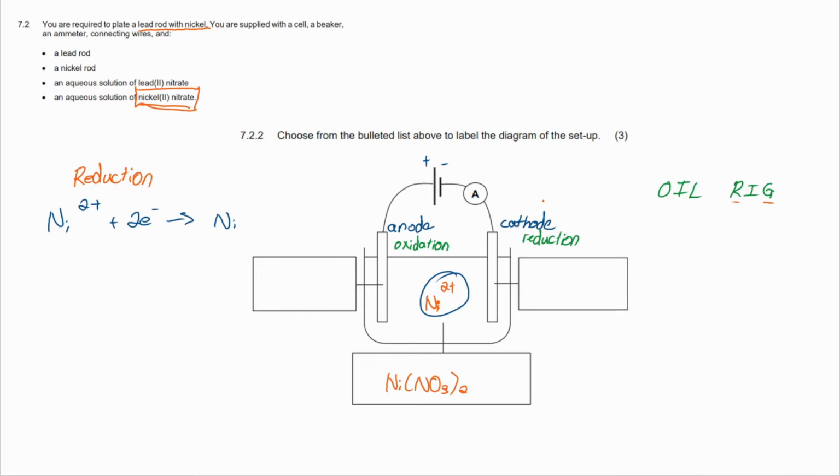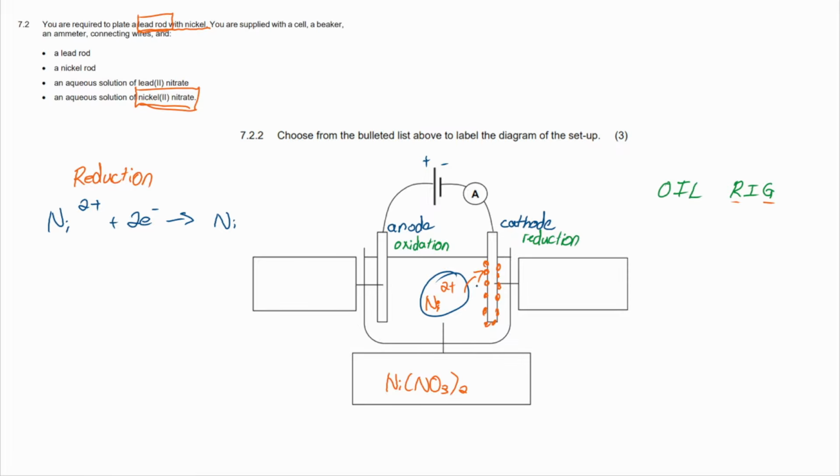So here we know this nickel needs to become solid nickel. But we need to plate the lead rod with nickel. So that solid nickel needs to go on top of the lead rod, because we need nickel on the lead rod. So this needs to be lead. Let me use a different color.